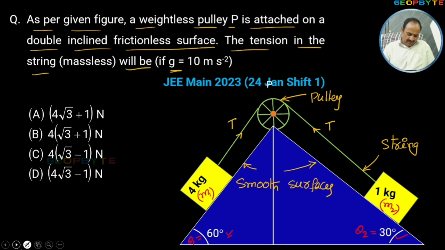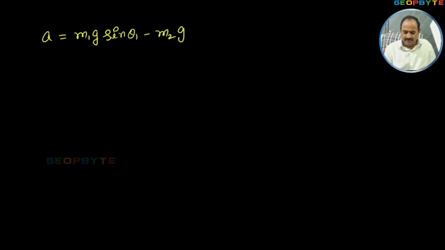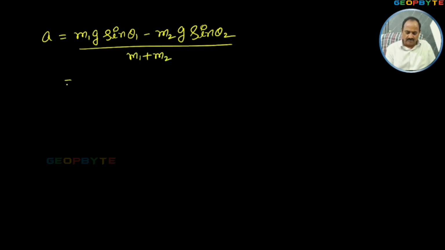First let us decide the acceleration. Acceleration equals m1 g sin theta 1 minus m2 g sin theta 2, divided by m1 plus m2. Try to remember this formula.